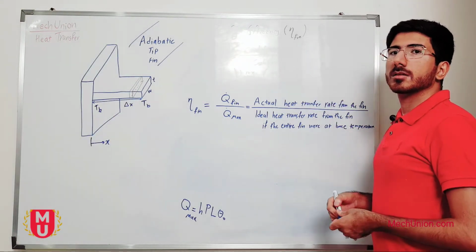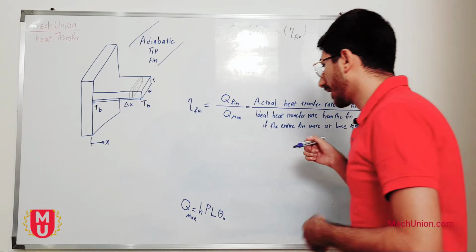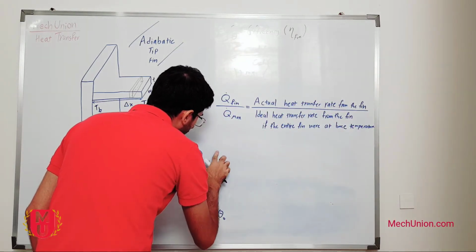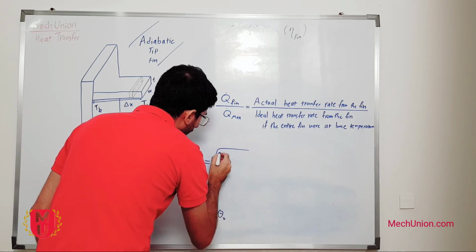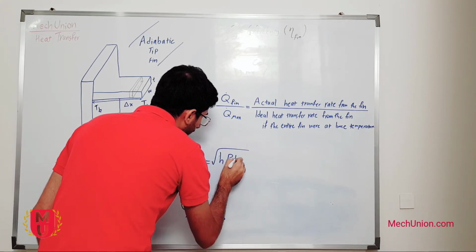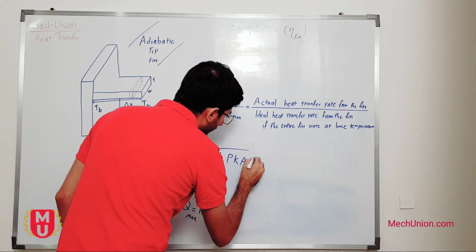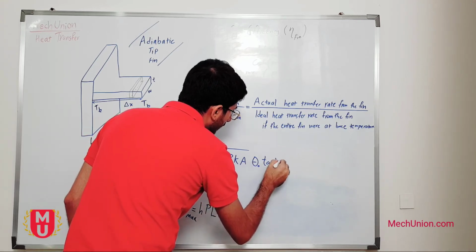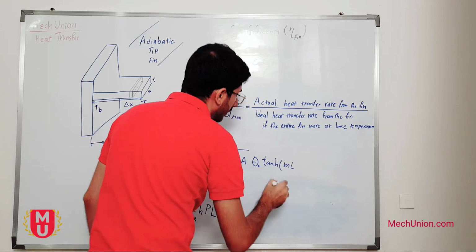For the adiabatic tip fin, we had Q equals square root of hP Ka times theta naught hyperbolic tangent of mL.